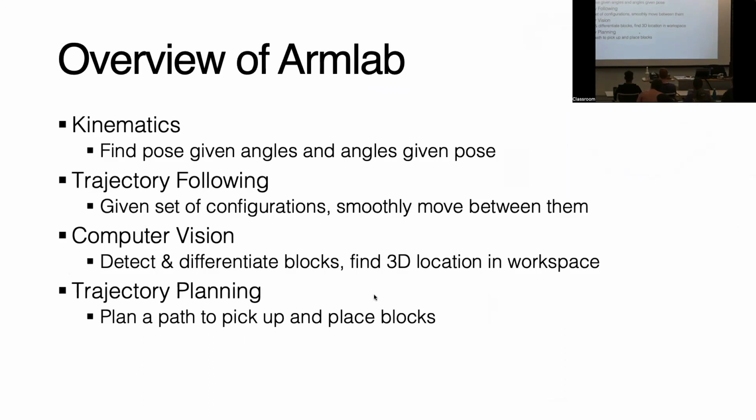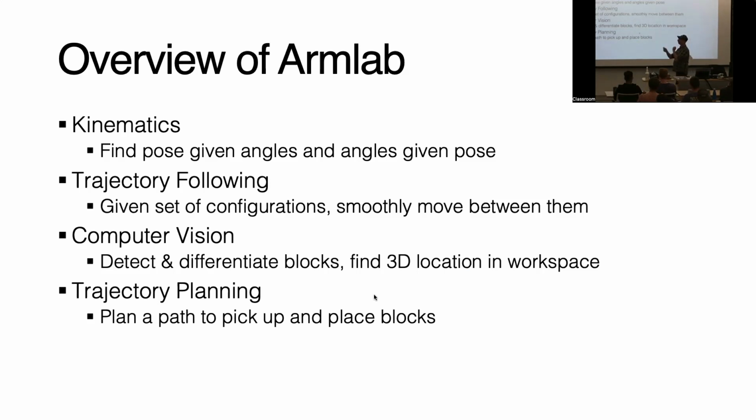Inverse kinematics asks: if I want to be at a specific point and orientation in space, what do I set my joint angles to be? So finding a map between joint angles, or configuration space, and the pose in the workspace, that is kinematics.